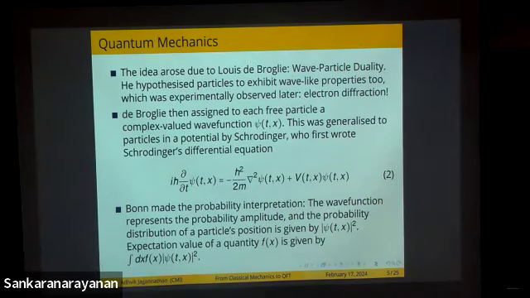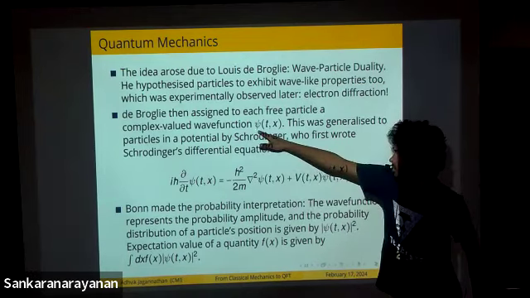You pass electrons through a double slit, and you observe interference patterns on the screen, the same thing as light, the same as Young's double slit experiment. The same results are observed. So this was made precise by de Broglie later.